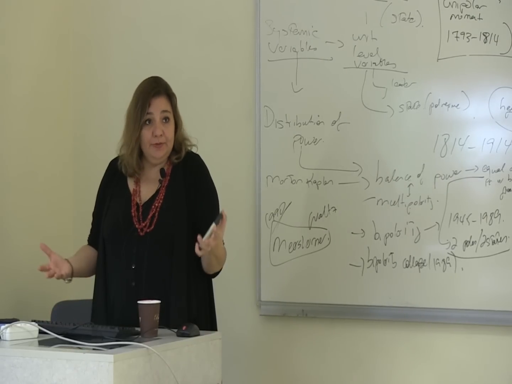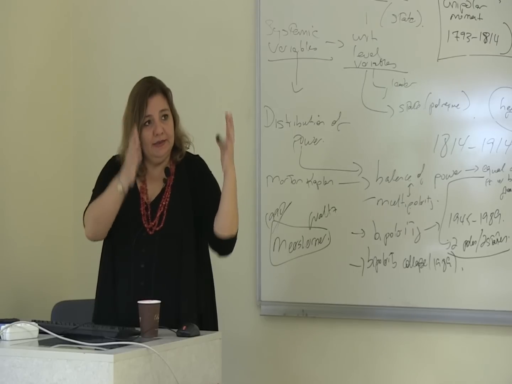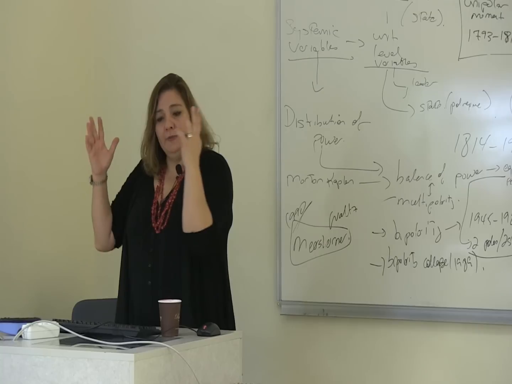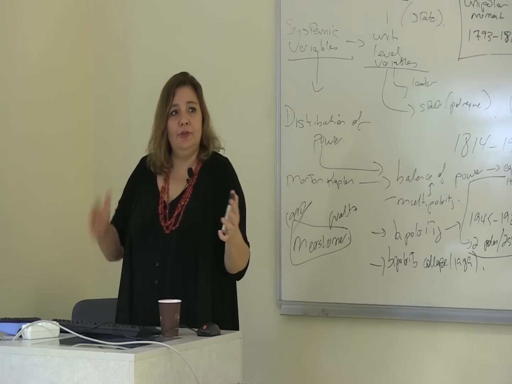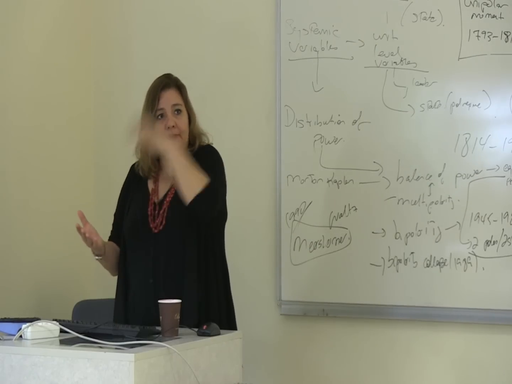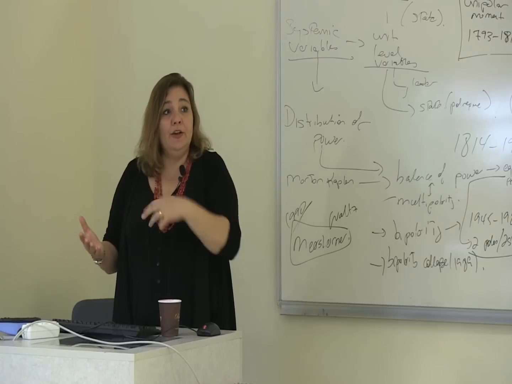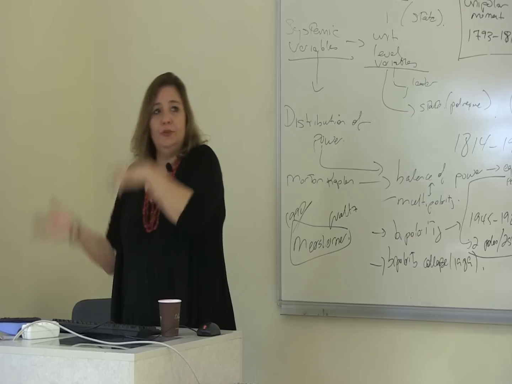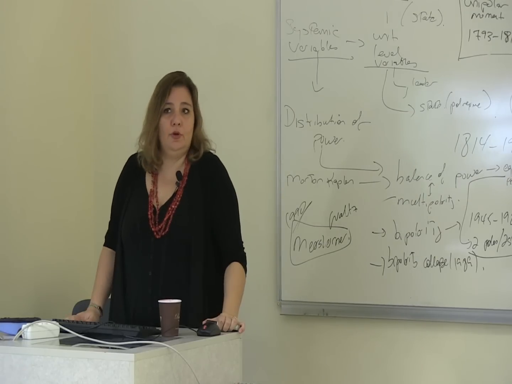So Mearsheimer says, if it was the bipolar distribution of power in the international system that made Europe stable from 1945 to 1989, if you remove the factor that made them stable, if one of the actors, the USSR, disappears, they will go back to what they were before World War I.